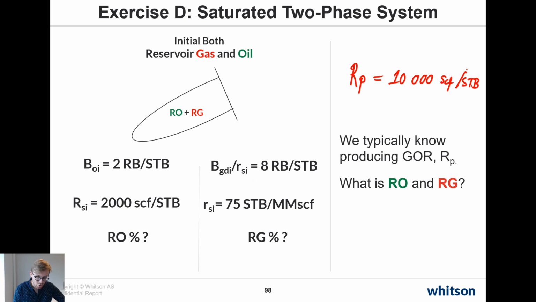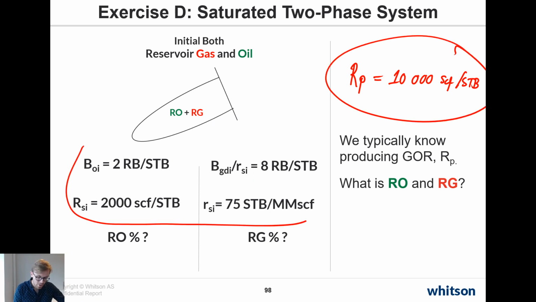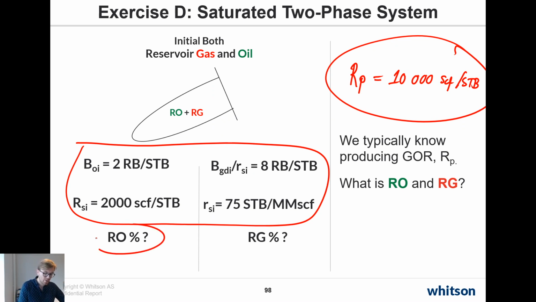How can we use this RP information and these properties and everything else that we learned to back calculate the saturations on a relative basis of what's flowing that particular day down in the reservoir? I'll let you do the exercise right now, and when you are back, we will go through how that can be done.